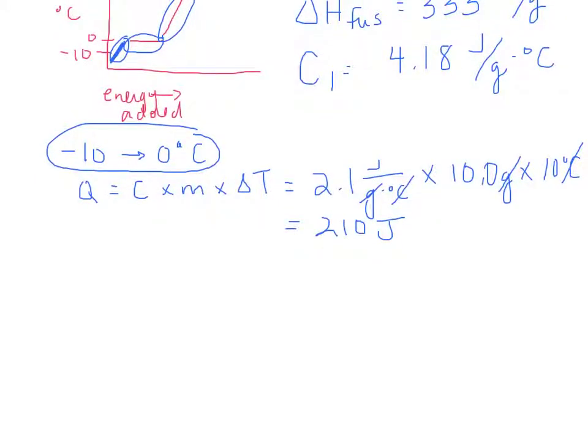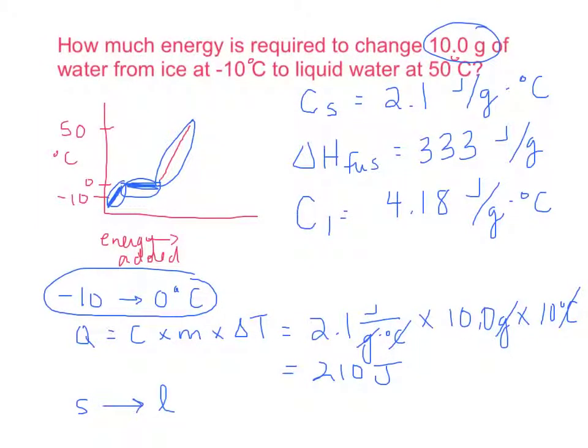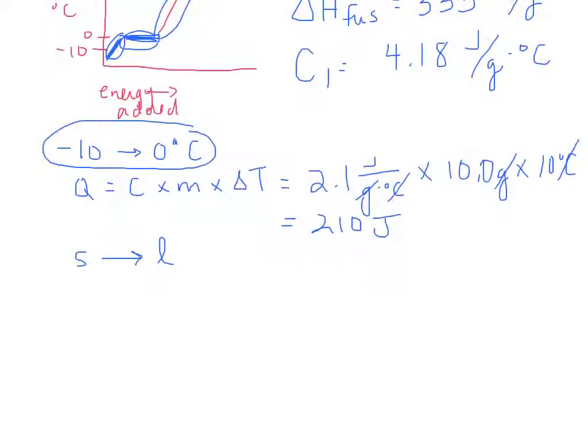Now we're going to go to our second region. Our second region is just this part right here where the melting is occurring. So it's going from a solid to a liquid. Remember, when we're doing that, we're going to be using our heat of fusion. So we're going to be using this value right here. We're going to once again have Q, because we want energy, equals our heat of fusion, 333 joules per gram.